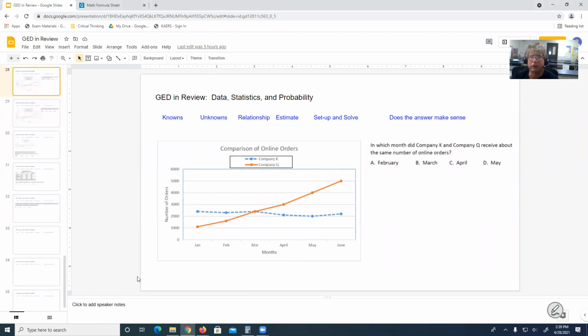So again, we have another graph. Again, data, statistics, probability. There's going to be a lot of graphical information given. So here we have a comparison of online orders, and some line graphs. The blue dotted line is company K, and the orange solid line is company Q. So we have what we call a key.